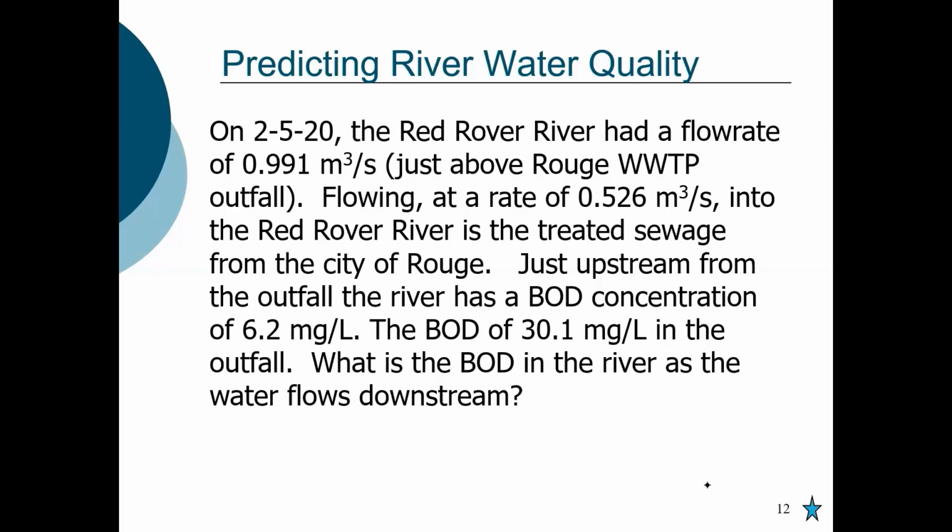We've done similar problems, okay, where we have a river. We have a flow in the river of 0.991 meters cubed per second equals Q. We have wastewater entering the river, and the Q of the wastewater is equal to 0.526 meters cubed per second.